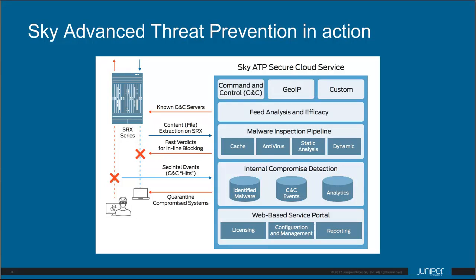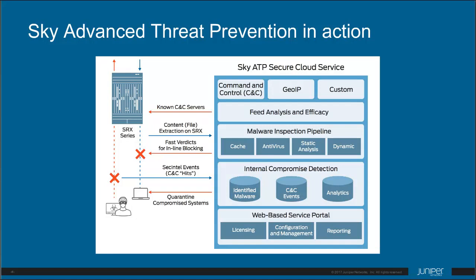So we were talking about when downloading a file from the cloud, it's going to be analyzed and then take the corresponding action. But we also have security intelligence in SkyATP. So basically, we will have threat feeds that are provided to SkyATP, like command and control feeds, so that we know that some hosts on the internet are infected or are botnets.